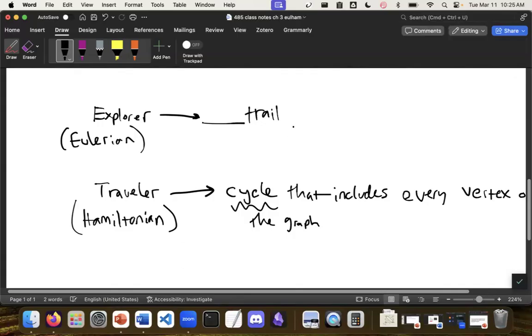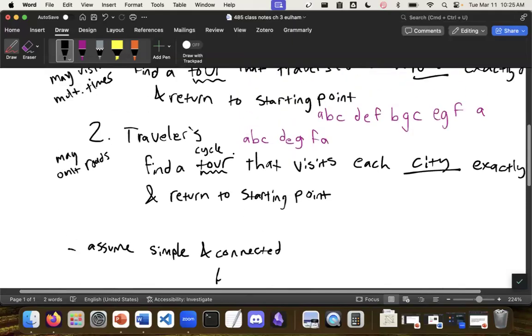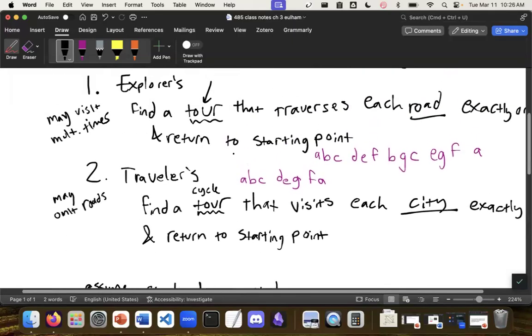I'm looking for another word there. But a trail that includes every, instead of vertex, we're looking for a trail that includes every edge of the graph. Any ideas for the word that goes here? Go back up to the description: something that traverses each road exactly once.